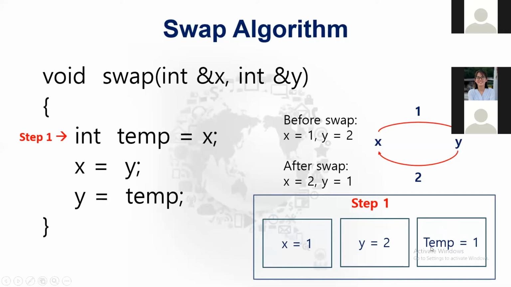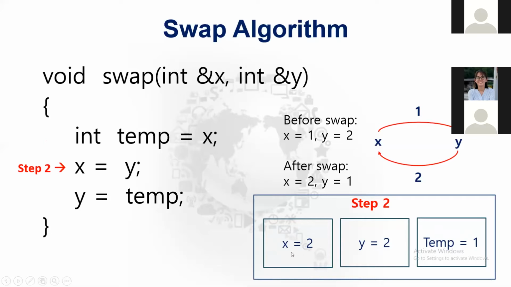Then from here, since I already have temporary equal to 1, I just replace my x to be equal to y. So my x now becomes 2. But when you come to y, you need to turn it into 1, right?